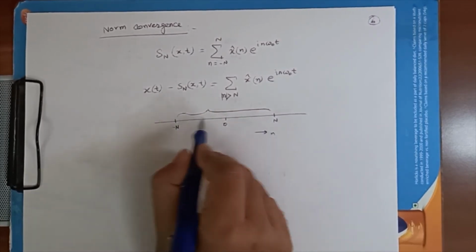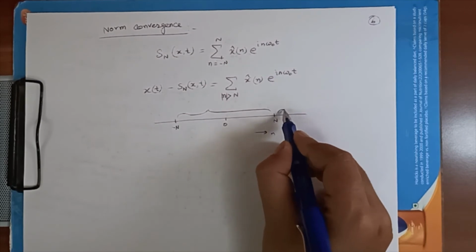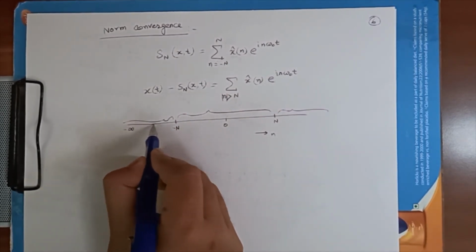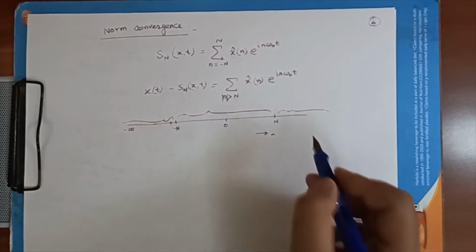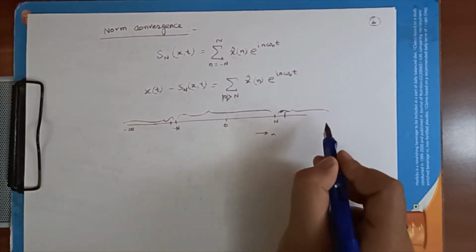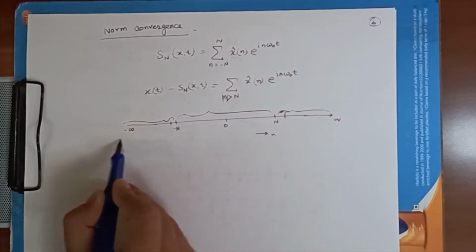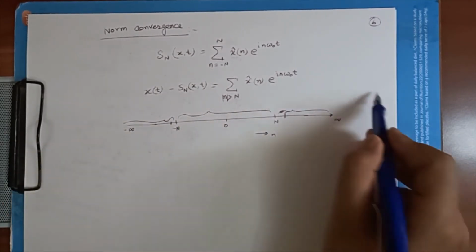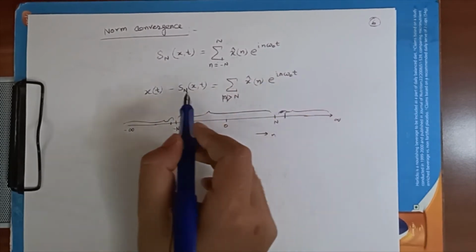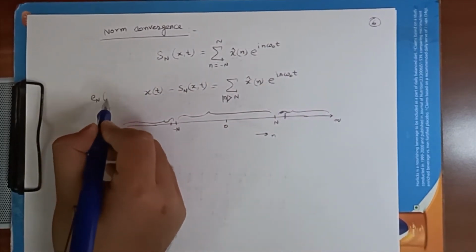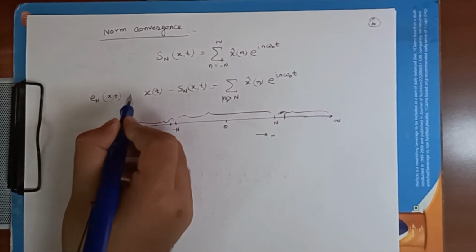So these are 2N plus 1 terms, and the remaining terms, the two tails, are from minus infinity to minus N minus 1 and then N plus 1 to infinity. If you sum those Fourier coefficients along with the basis function, then you will get the error signal. This we can write as E_N x(t), the error.